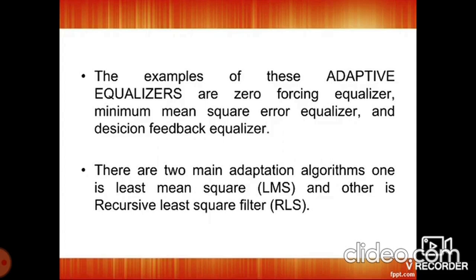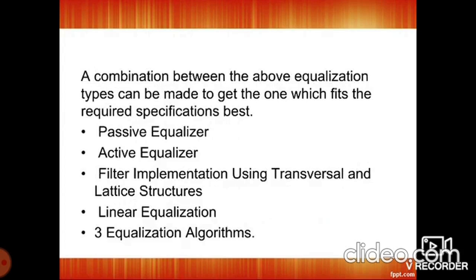So the two main adaptation algorithms used are the least mean square algorithm, that is LMS, and the recursive least squares algorithm, that is RLS. The basic types of equalization: if the equalization is done at the transmitting side, it is called pre-channel equalization, and if it is done at the receiver side, it is called post-channel equalization.